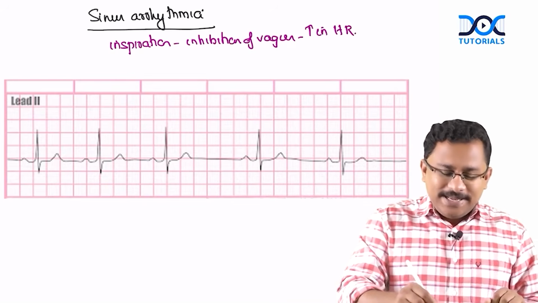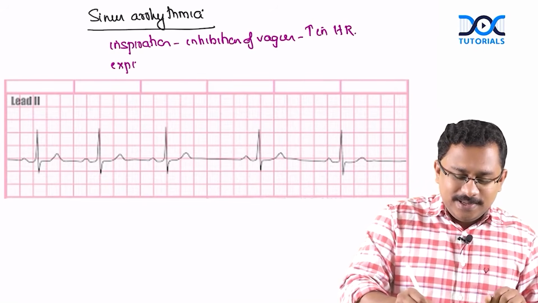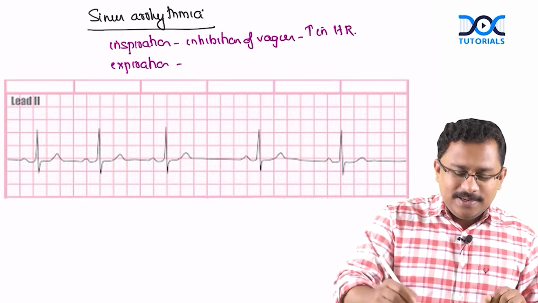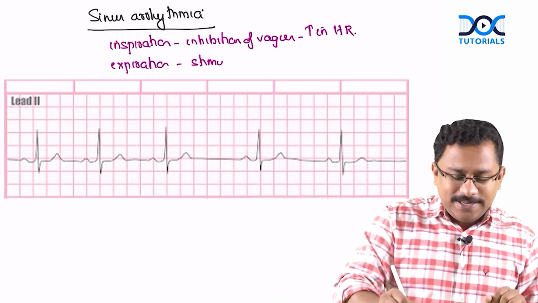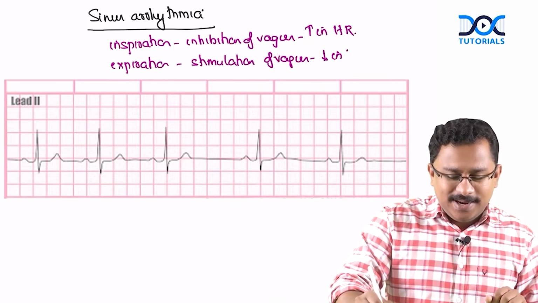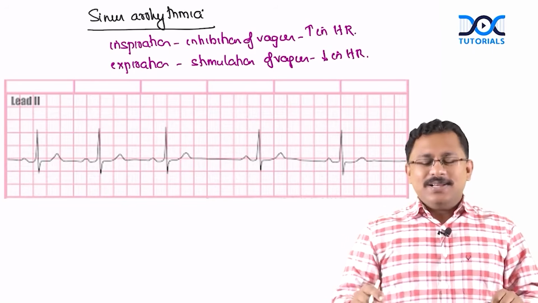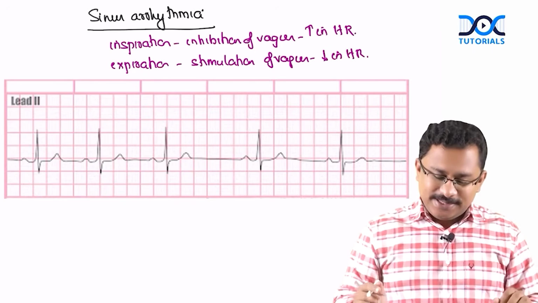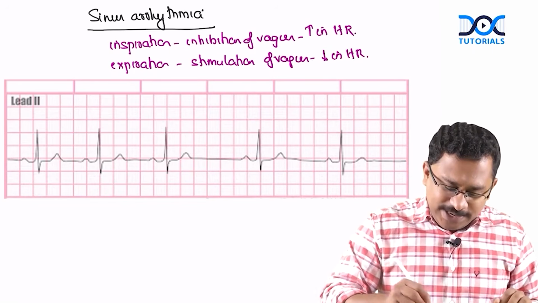Whereas during expiration there is a stimulation of vagus and there is a decrease in heart rate. Okay, so there can be a phasic variation, because that is what you see here.